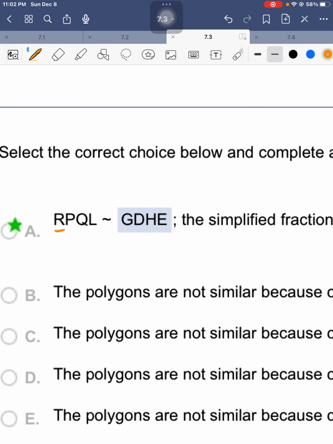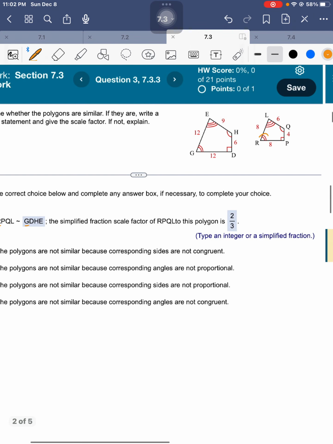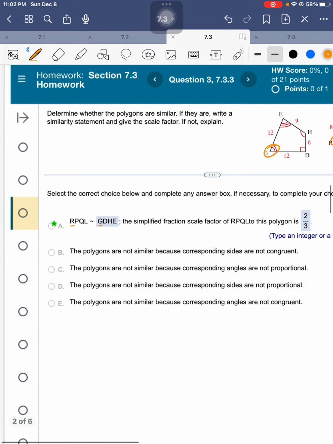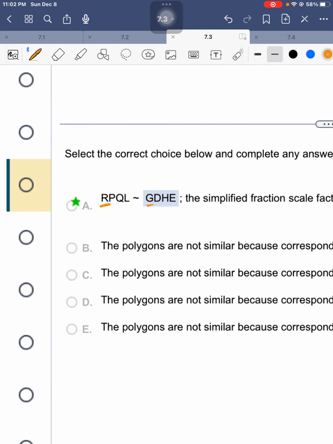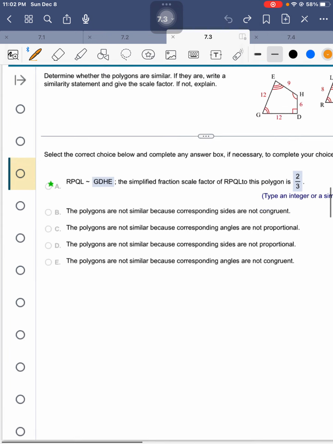And right here, we write R is to G, correct? Because didn't we just show that? R is to G. So we have to match here to here. So P to D, and so on and so forth.